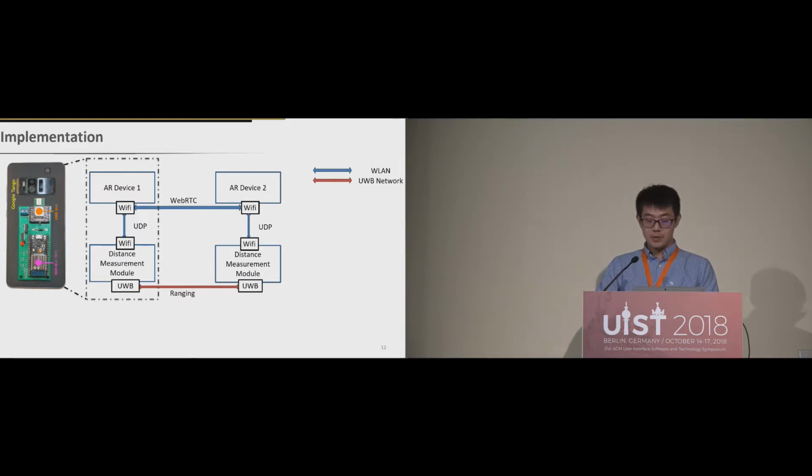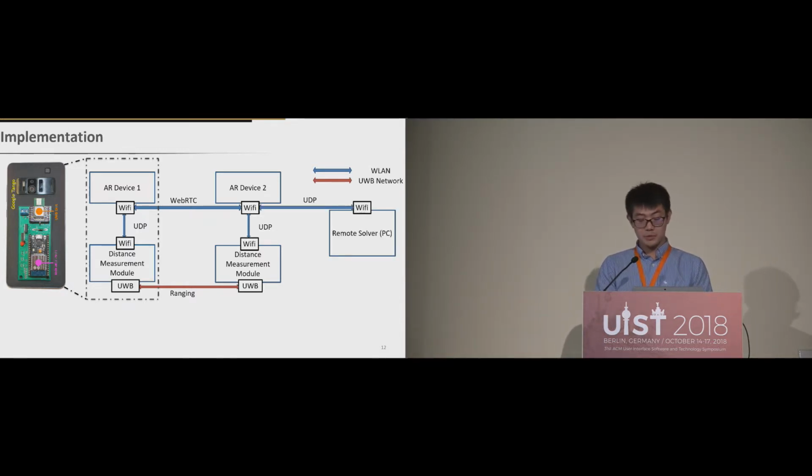For the AR collaboration activities, we also introduce WebRTC for rich content. In our prototype, we utilize a remote PC for solving the optimization. However, it is totally unnecessary because any modern mobile device should be able to handle this simple optimization easily.